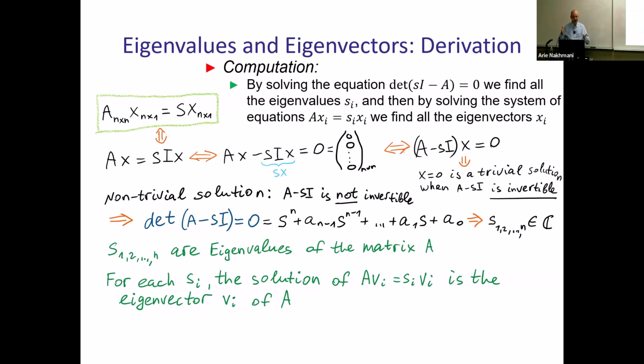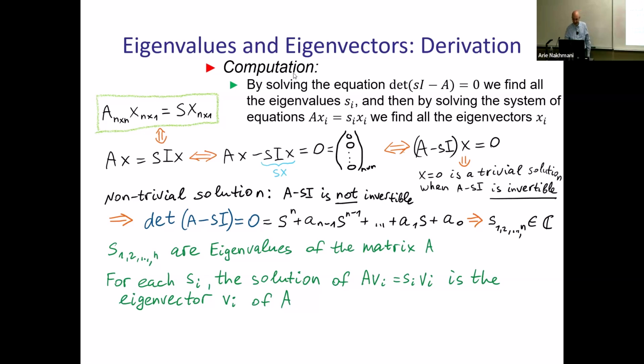This will be your eigenvector, which corresponds to that eigenvalue. This will always come in pairs, all right? So you will have n eigenvectors and n eigenvalues, and this is all you need for the eigenvalue computation.